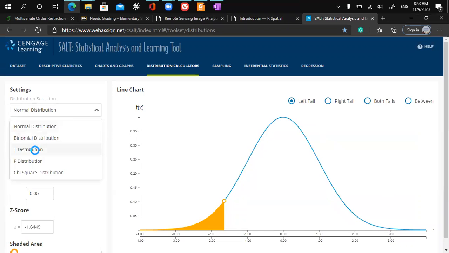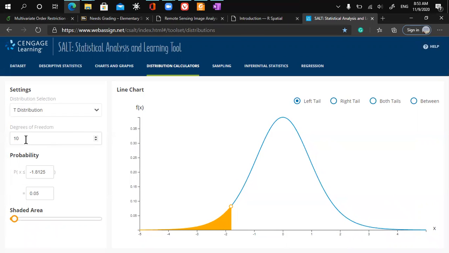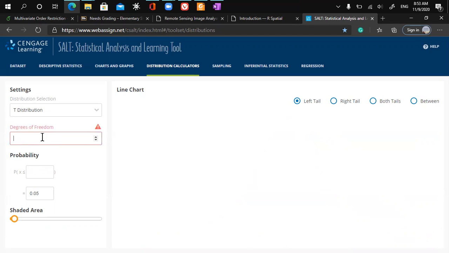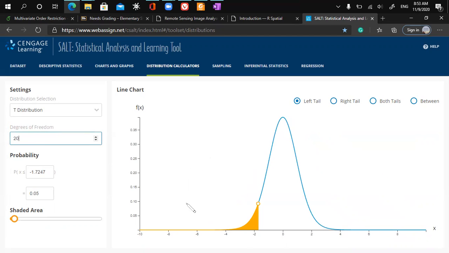How about for T? With 10 degrees of freedom, it's -1.8. It's even lower than the Z critical value. How about if I increase it to, let's say, 20? What do we get? It's going up, right? -1.7.